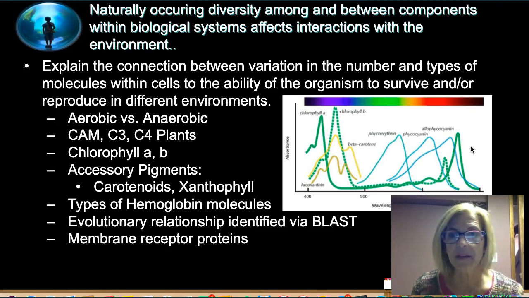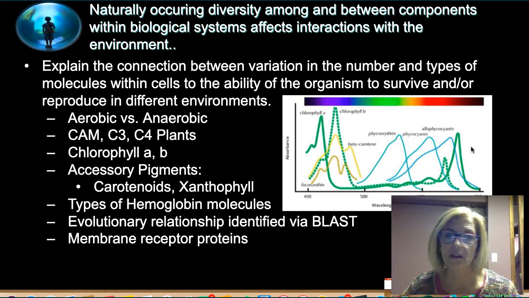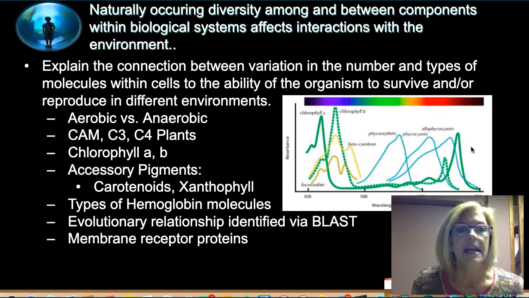Types of hemoglobin molecules allowed all different organisms to carry oxygen. We can look at hemoglobin molecules with BLAST and analyze the genetic codes, or the amino acid sequence, I should say, to see how closely related organisms are evolutionary-wise.